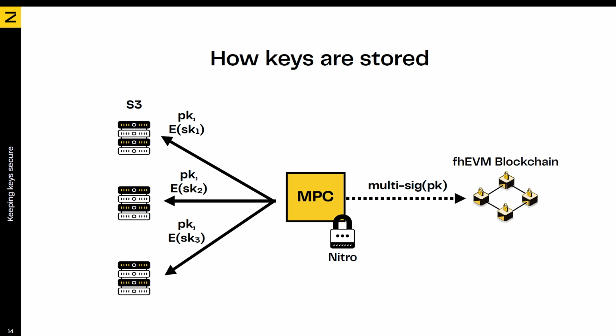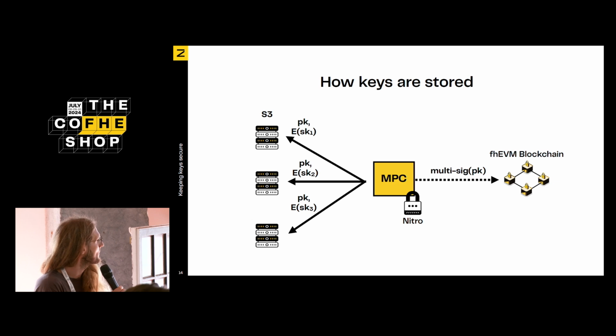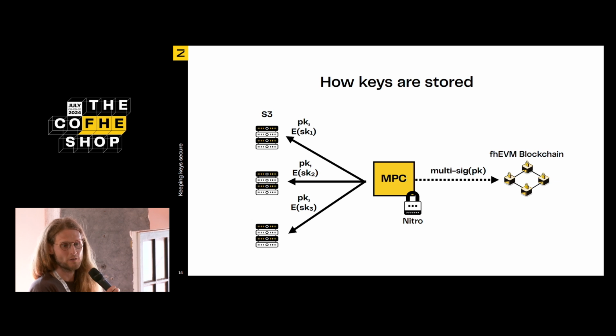Public storage for the public keys in order to ensure availability, so it's not reliant on one host, one server, even when we use something that's not a decentralized storage protocol. We can also keep the encrypted key shares on this with a key that's stored in the Nitro enclave associated with each party. This allows for easy swapping of machines. It allows for horizontal scaling once you're actually trying to deploy this.